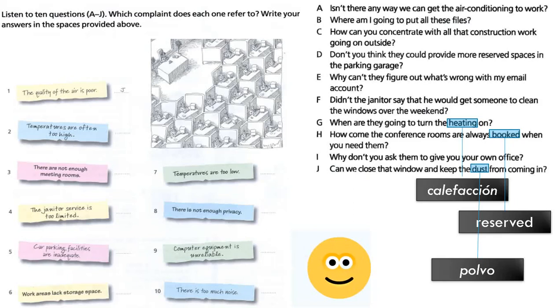E. Why can't they figure out what's wrong with my email account? F. Didn't the janitor say that he would get someone to clean the windows over the weekend? G. When are they going to turn the heating on? H. How come the conference rooms are always booked when you need them? I. Why don't you ask them to give you your own office? J. Can we close that window and keep the dust from coming in?